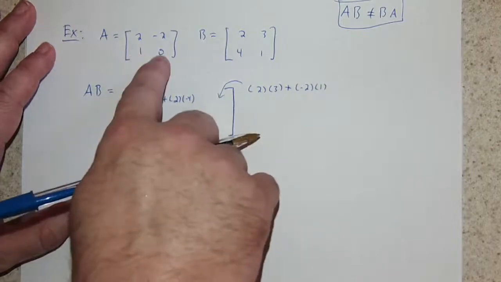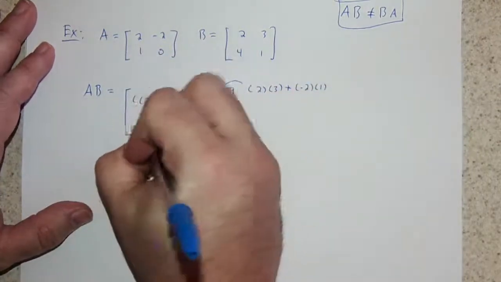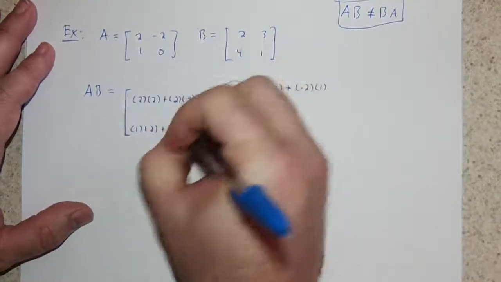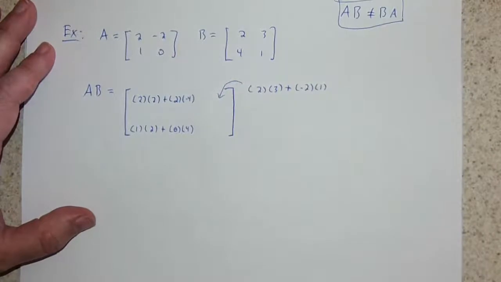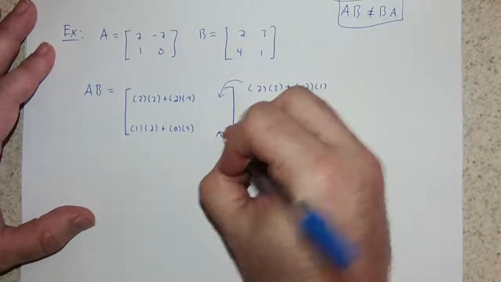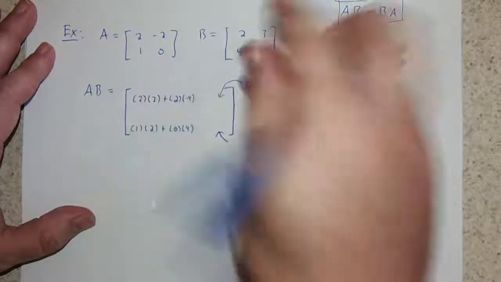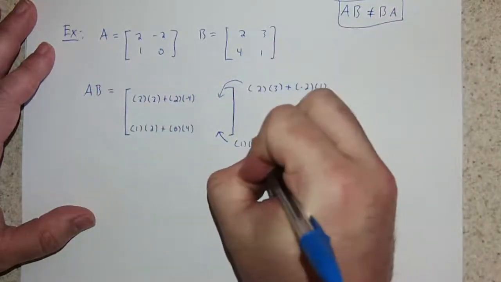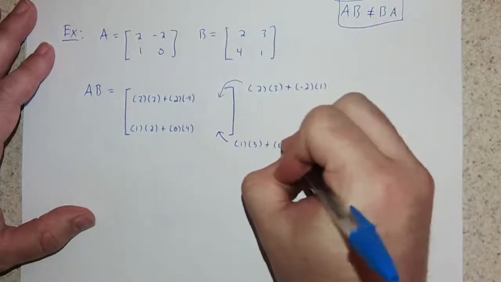So I'd take the second row of A and dot it with the first column of B. So this would be 1 times 2 plus 0 times 4. And then in this slot, this would be the second row of A, second column of B. So this would be 1 times 3 plus 0 times 1.